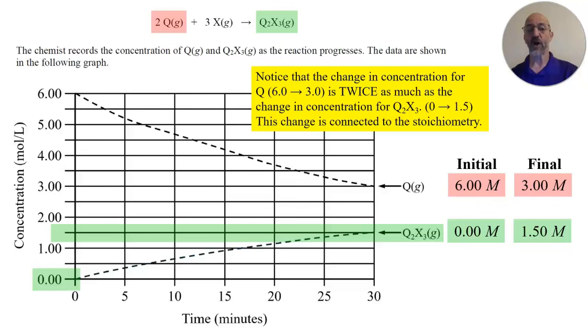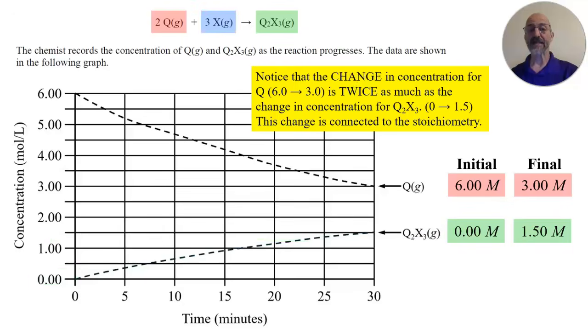The coefficients are 2 and 1 for those two chemicals, so that change is connected to the stoichiometry. For every 2 moles of Q that are consumed, 1 mole of Q2X3 is produced. So that 2-to-1 ratio in the coefficients relates to the change in molarity in terms of the graph.